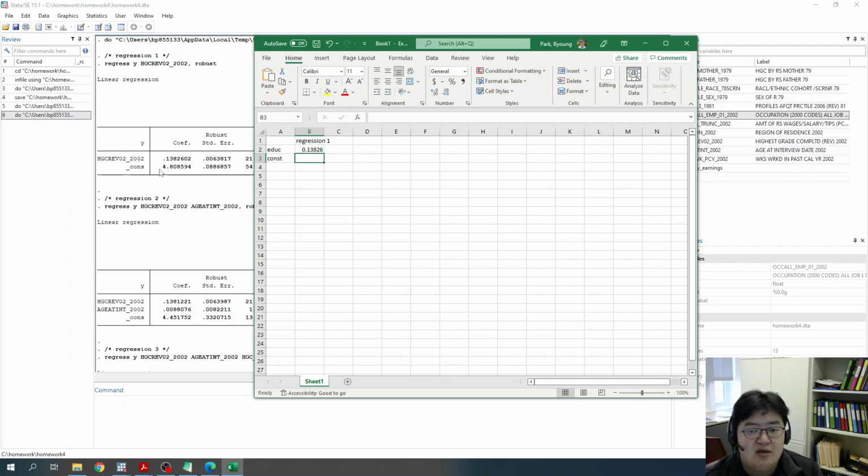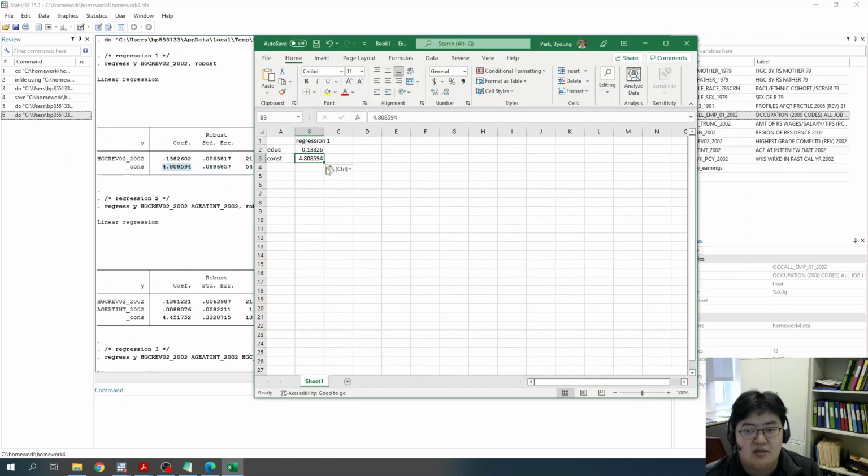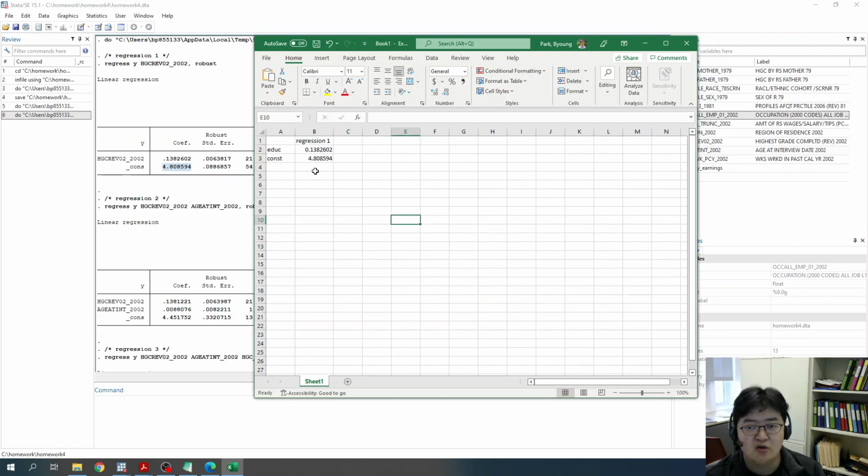Or you can copy and paste. So from regression 1, you copy the coefficients, and for person 1 and person 2, we will use person 1's information to make a prediction.